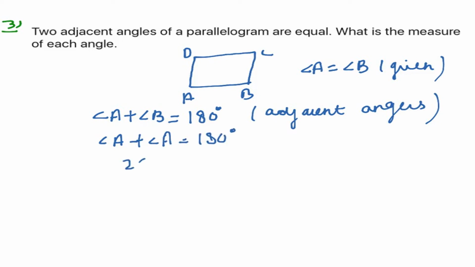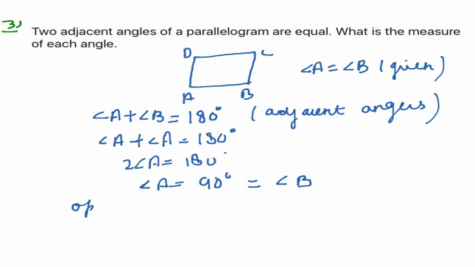It means twice angle A equals 180 degrees. Now angle A will be equal to 180 divided by 2, that is 90 degrees, right? Now angle A is equal to angle B, that means angle A and angle B are both 90 degrees.